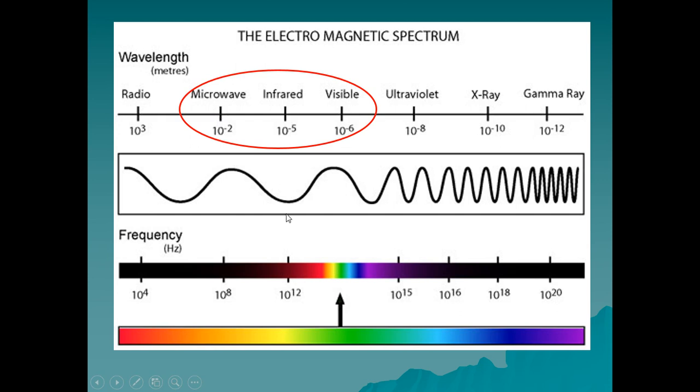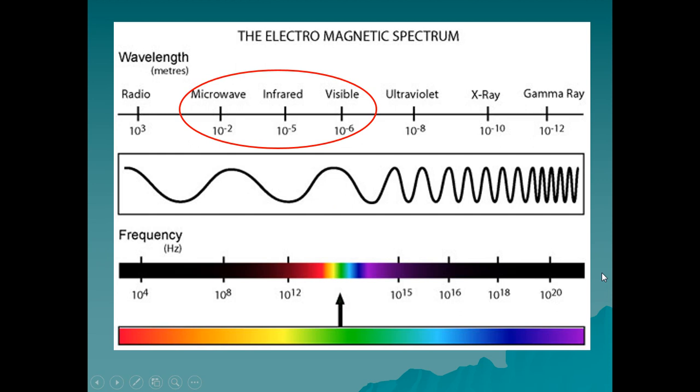These are a variety of wavelengths, visible being a little bit shorter, and as we move towards microwave, it becomes a little longer. As it becomes longer, it becomes more and more difficult for the human eye to see. Whereas on the flip side, the shorter it gets, it is also difficult for the human eye to see. So for the human eye to see, it must fall within a specific range of wavelengths.